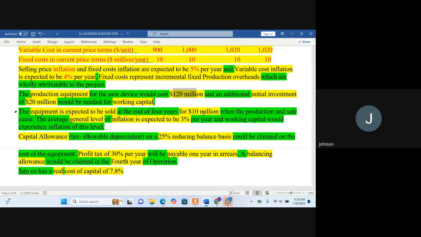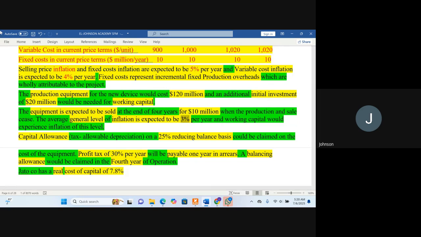Then the next thing we now say is, okay, they already told us that the equipment is expected to be sold at the end of year 4 for 10 million when the production and sales cease. They also say that the average general level of inflation is expected to be 3% per year, and working capital would experience inflation at this level. So now for working capital, the inflation that it will experience is 3%.